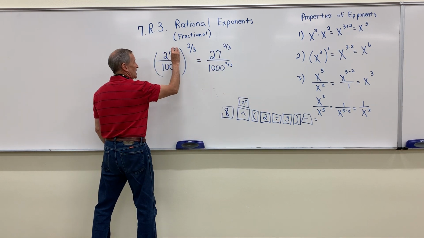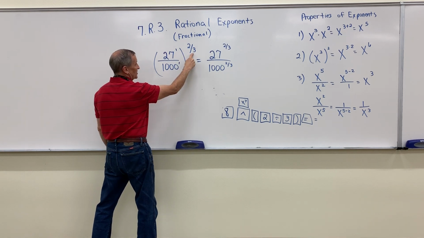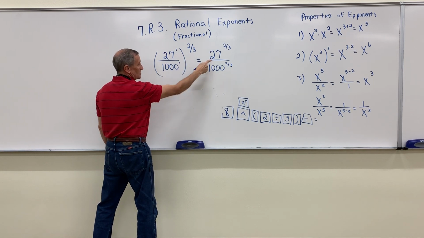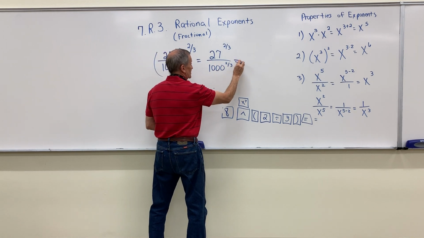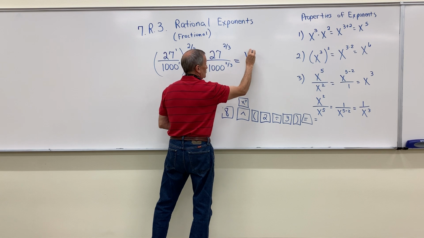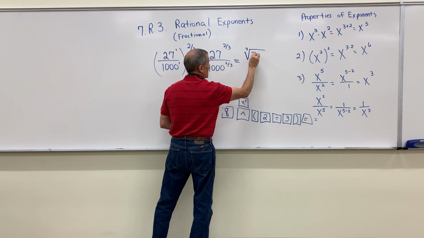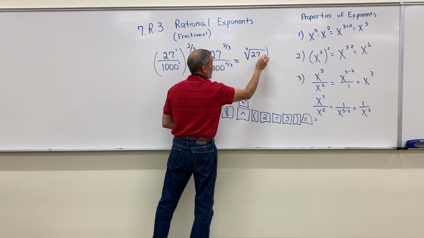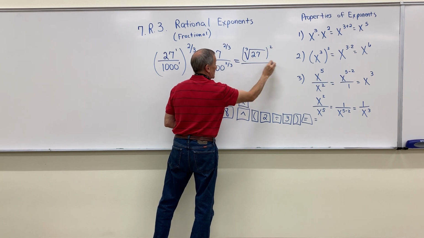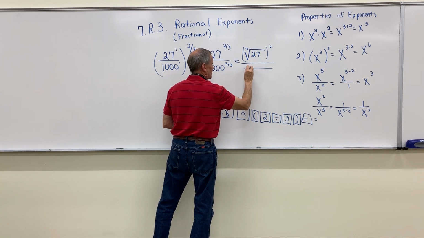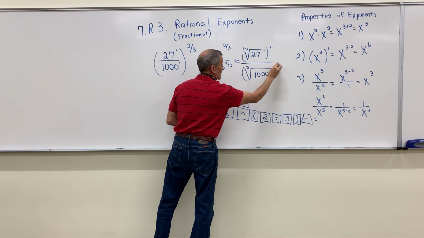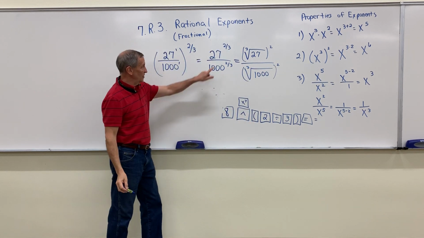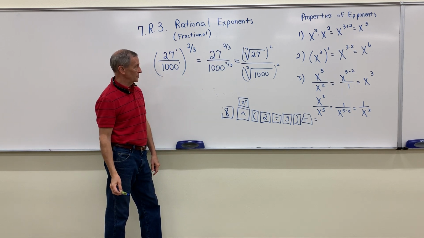This is actually a power to a power. Multiply the outer exponent by the inner exponents, and I get this right here. So it's basically two problems. It's the cube root of 27 squared over the cube root of 1,000 squared, based on our understanding of a fractional exponent.